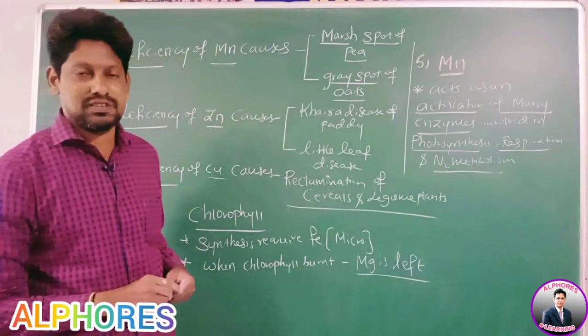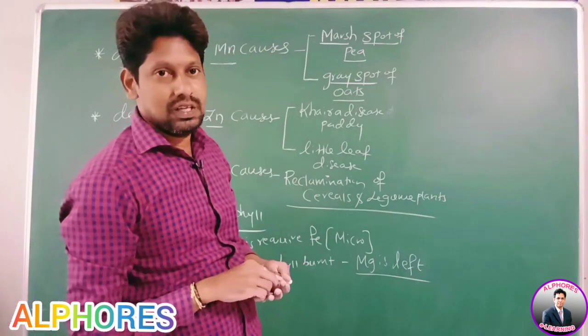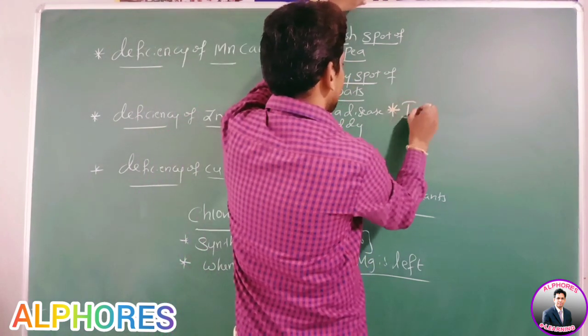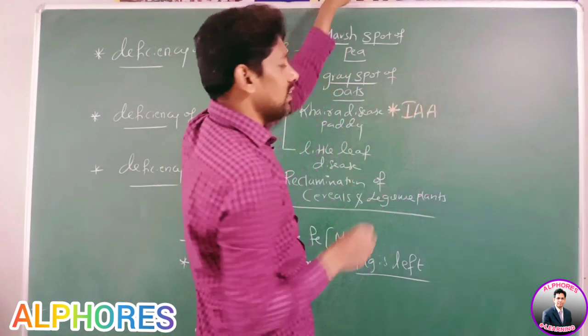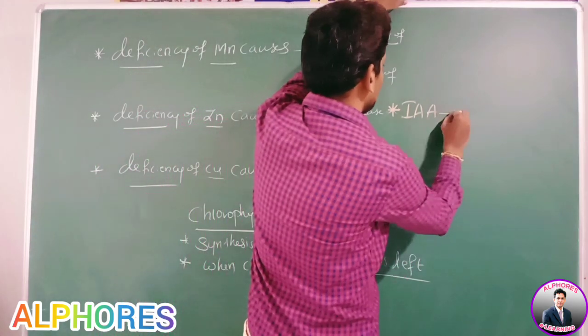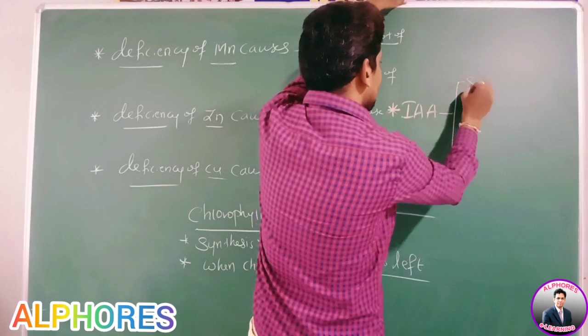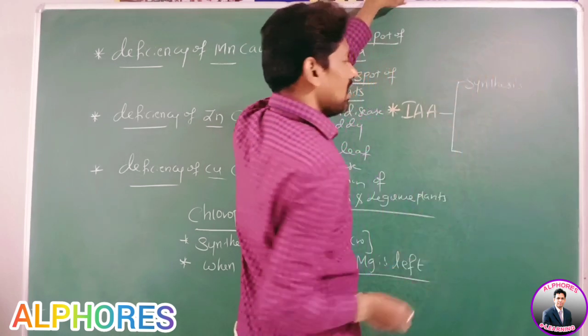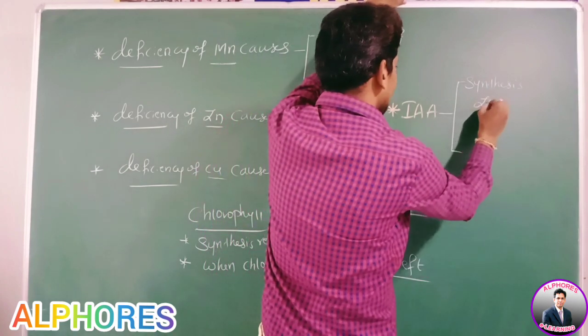Take IAA. What is the full form of IAA? Indole 3 acetic acid. Yes or no? Sir, for synthesis of IAA, zinc is required.